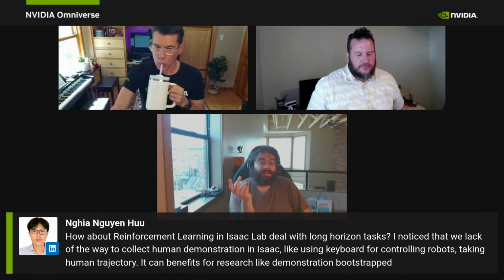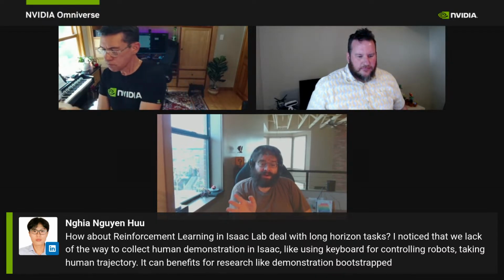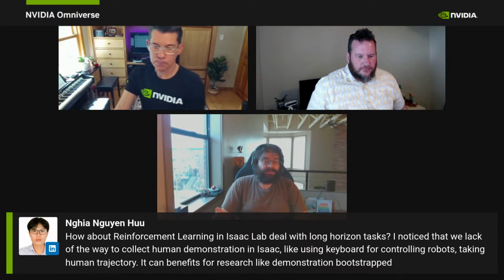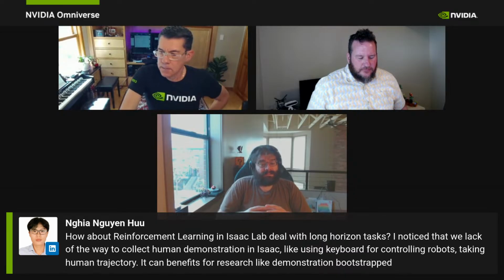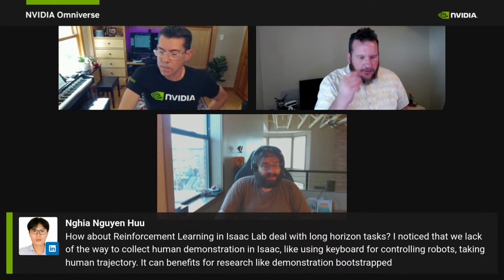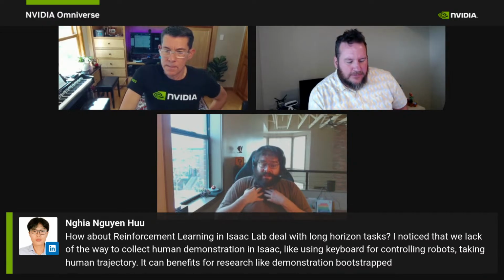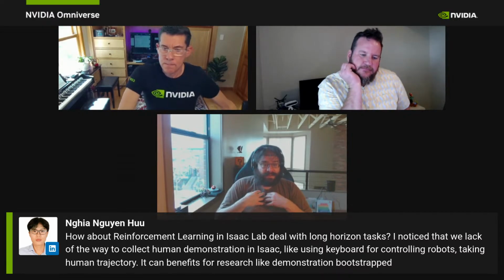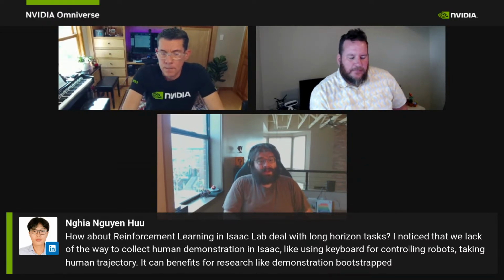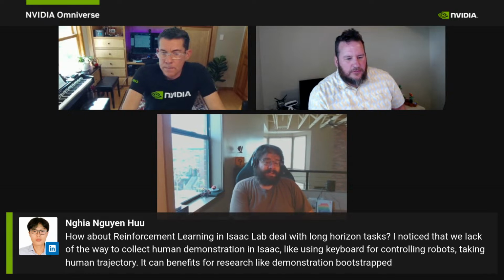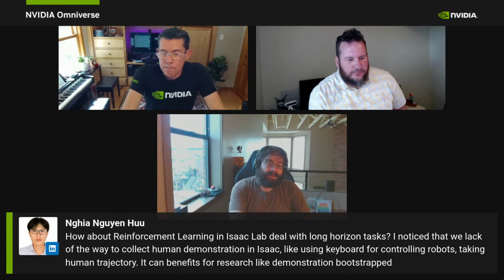For the second one, we have introduced tools for doing certain aspects of imitation learning within Isaac Lab. I'm personally not as familiar with those imitation learning tools as I am with the reinforcement learning tools. But we want people to be able to provide human demonstrations to do human reference reinforcement learning, right?